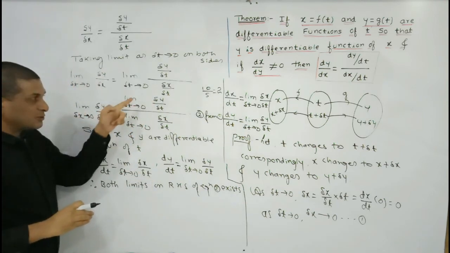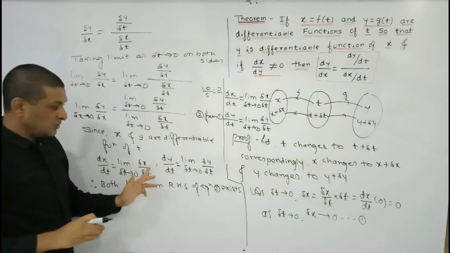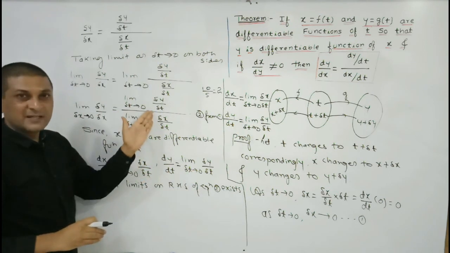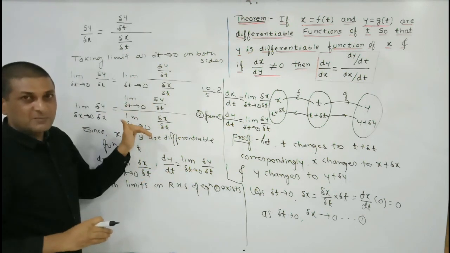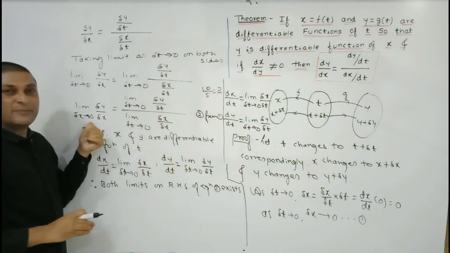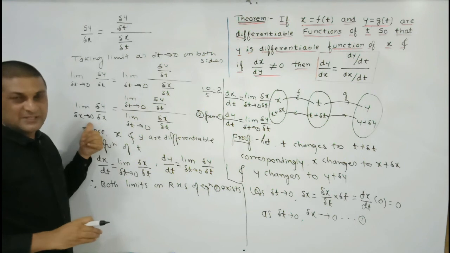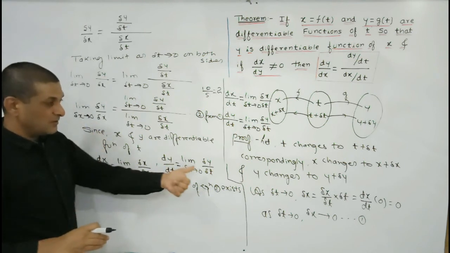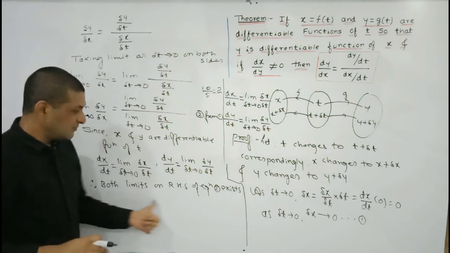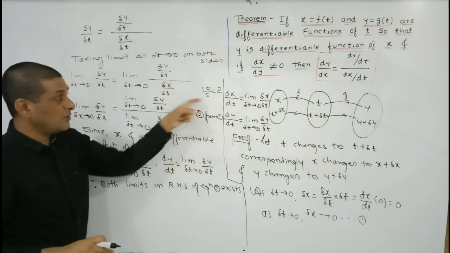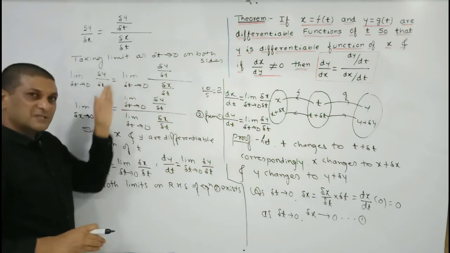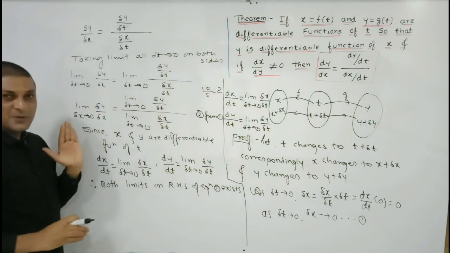This limit depends on these two limits, and these two limits already exist, so the number obtained from their division will be the value of this limit. Only if these two limits exist will this limit exist, isn't it? And we have already given the reasons that both the limits on the right hand side exist and even the denominator is a non-zero number, meaning this limit also exists.